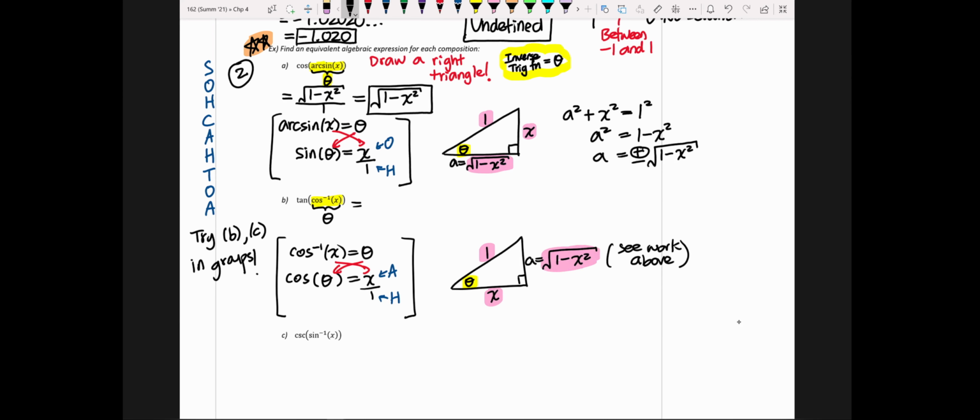Tangent of theta. So remember, tangent is opposite over adjacent. Opposite over adjacent is square root 1 minus x squared over x.